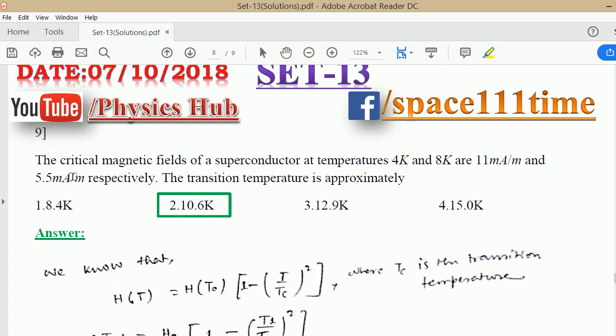Question number 9. The critical magnetic fields of a superconductor at temperatures 4 K and 8 K are 11 milliampere per meter and 5.5 milliampere per meter respectively. The transition temperature is approximately?